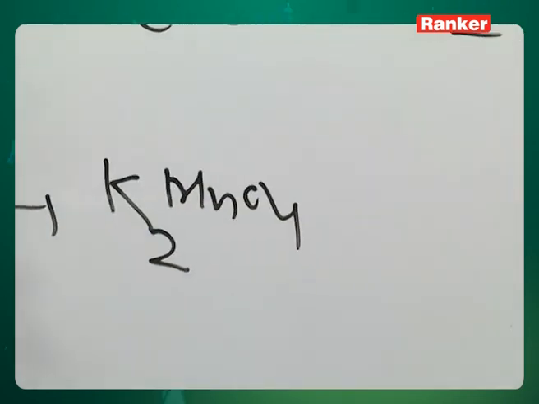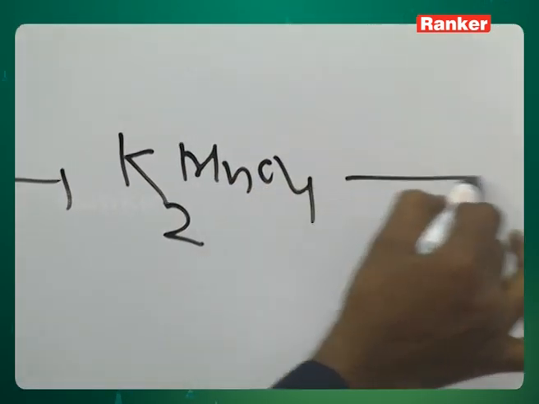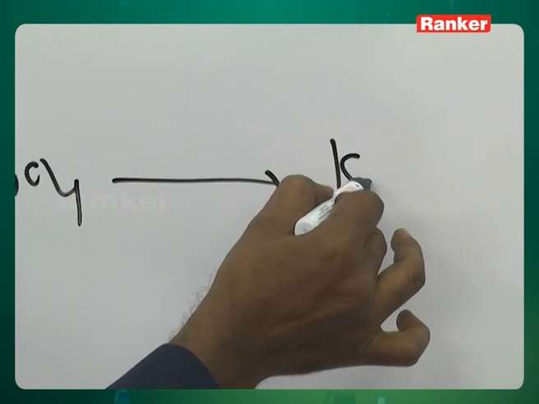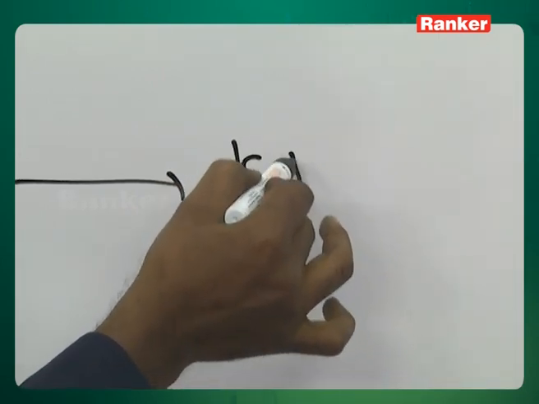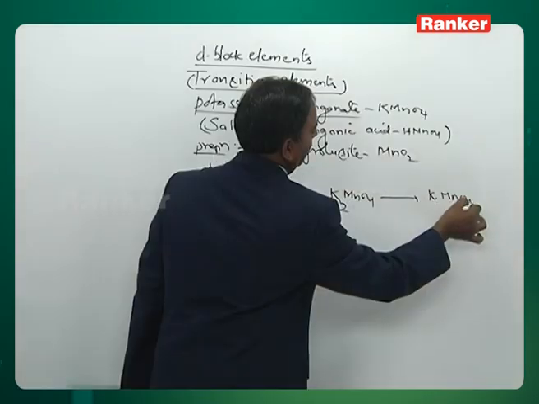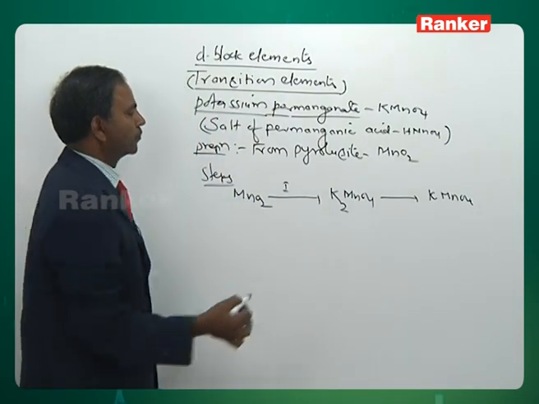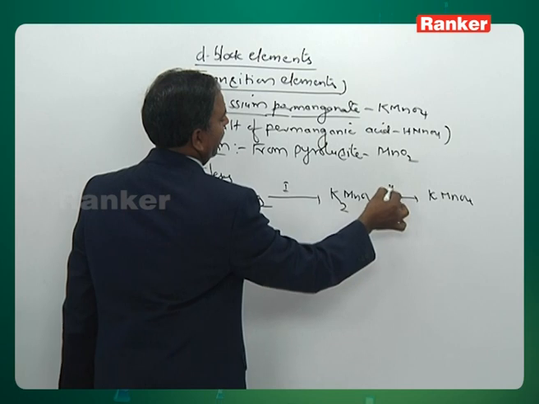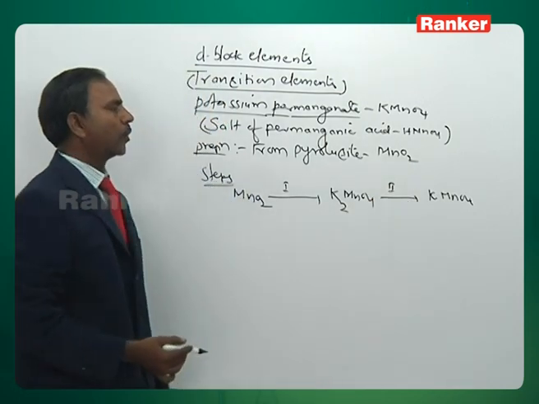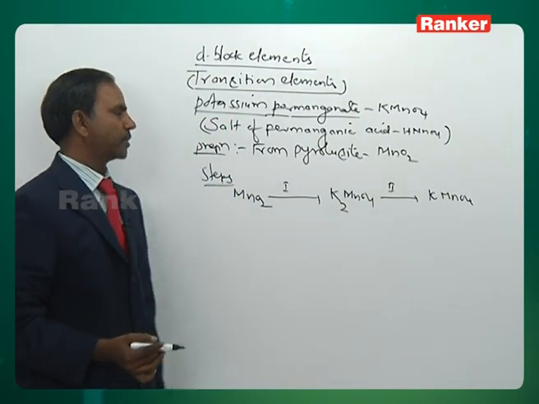In the first step, pyrolusite is converted into potassium manganate, K2MnO4. In the second step, it is converted into potassium permanganate, KMnO4.